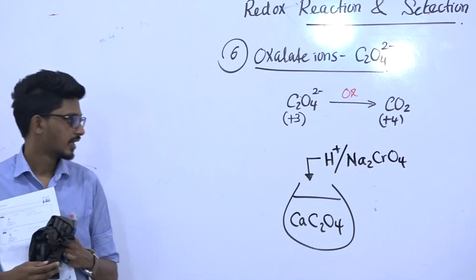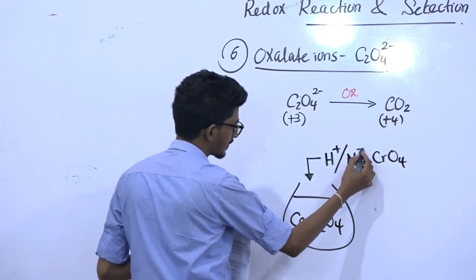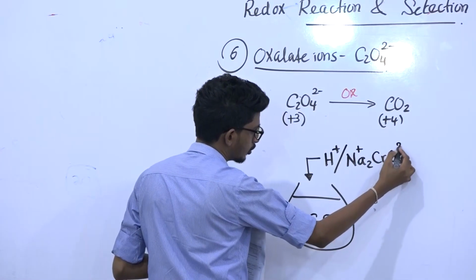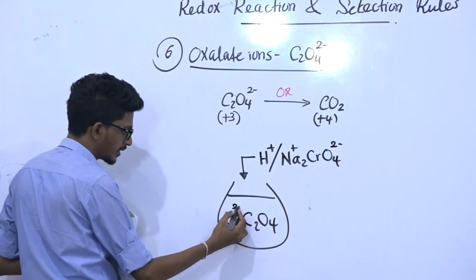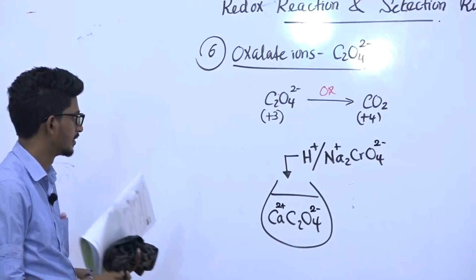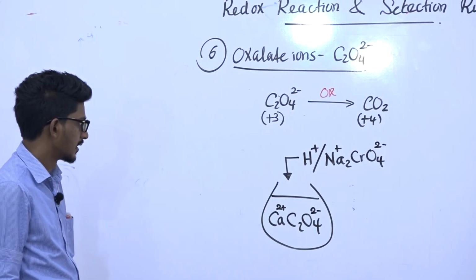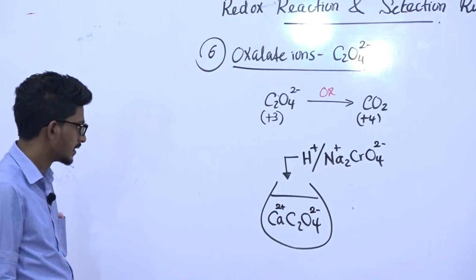How to say the reaction now, right? So you are with Na+ ion and the CrO4 2- here. You are with Ca2+ and C2O4 2- here, right? So what kind of reaction, what kind of products are we thinking of?